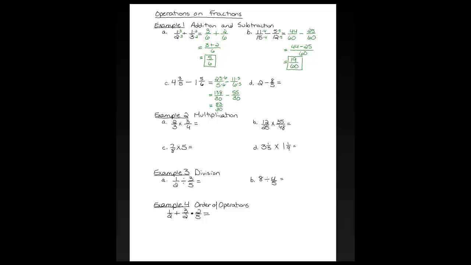Now this is an improper fraction, and you may want to rewrite this as a mixed number. So dividing 30 into 83, you get 2 with 23 left over as a remainder, so 2 and 23 thirtieths.